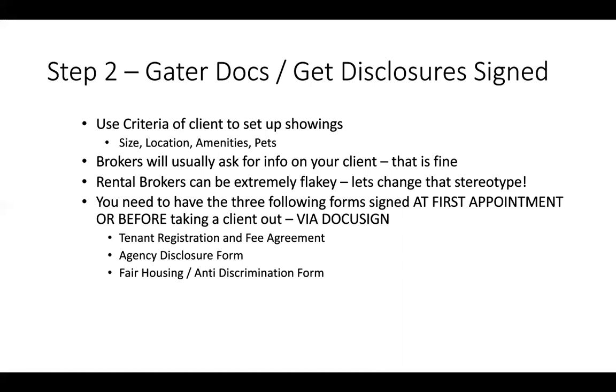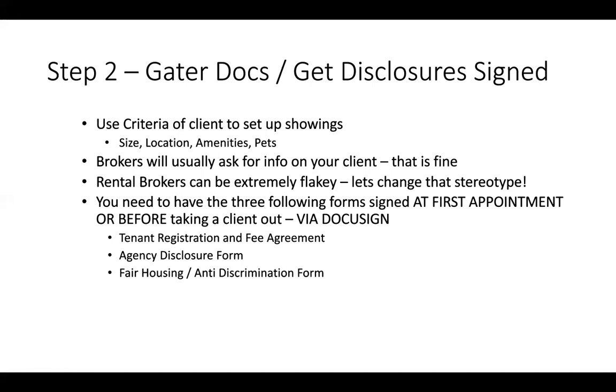All these forms are available for you in the Google Drive. You can download them and fill them out and send them to the client. You can fill them out and then send them over DocuSign. And the three forms are the tenant registration fee agreement, the agency disclosure form, and the fair housing anti-discrimination form. The tenant registration fee agreement fulfills our obligation under fair housing to tell people what our maximum fee is.